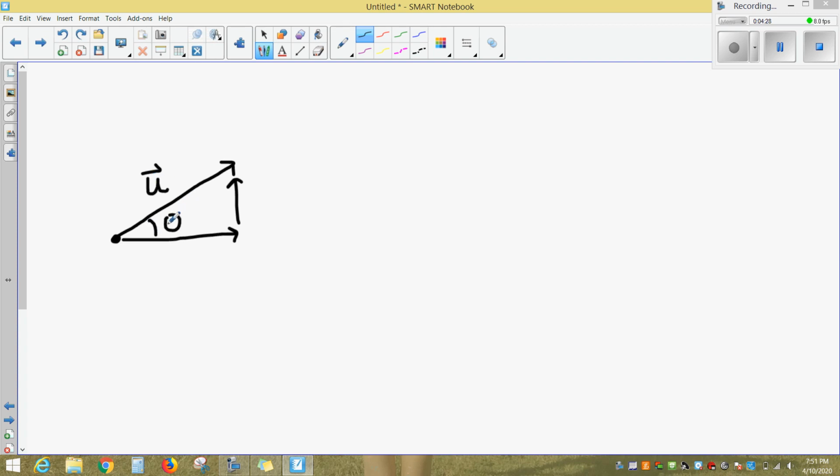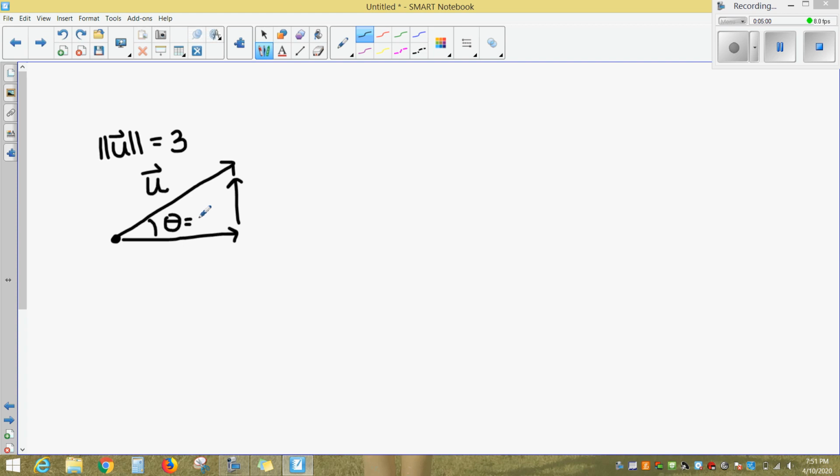But if I want to measure my angle from horizontal, maybe I'm told the magnitude of my vector. Maybe I'm told that I throw the baseball at a certain velocity. Maybe I'm told something about the total force that's exerted here. But maybe I know that that total amount there is 3, the magnitude of u.